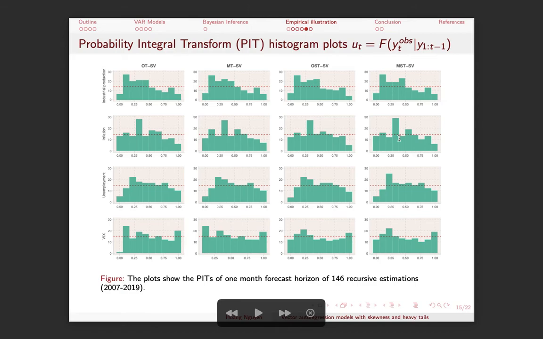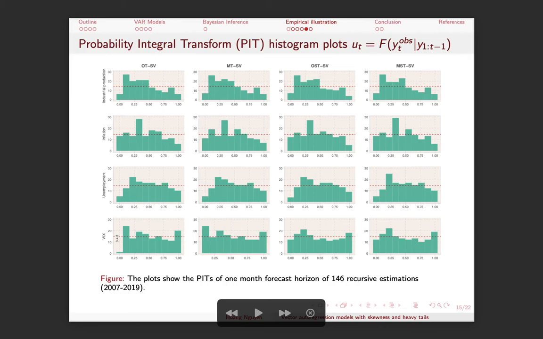So for our out-of-sample forecast, we will compare the probability integral transform, the PIT histogram, and here I illustrate for 4 models: the Student, O Student, and the multi-Student with the O skew-T and M skew-T. We will see that for industrial production, inflation, and unemployment, they are more or less very similar to each other.